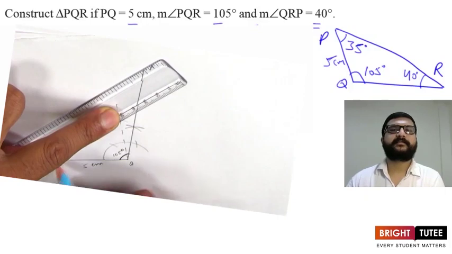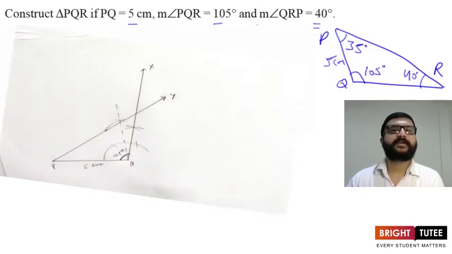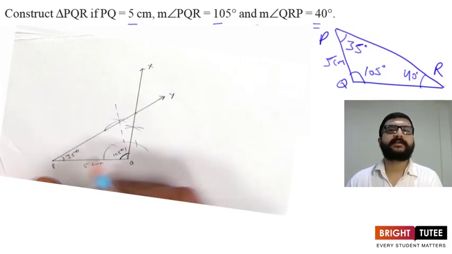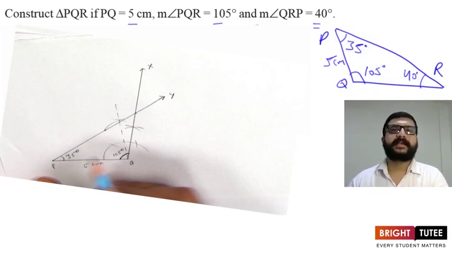So here we have made an angle of 35 degrees at P. In the steps of construction we will write the same thing, that make an angle of 35 degrees at P such that YPQ is 35 degrees.